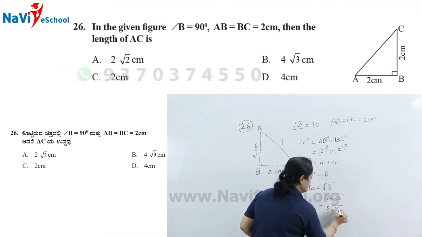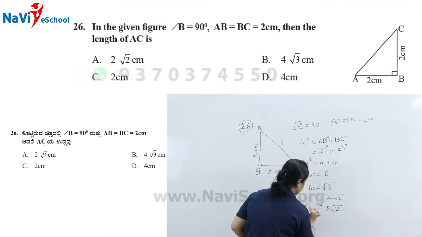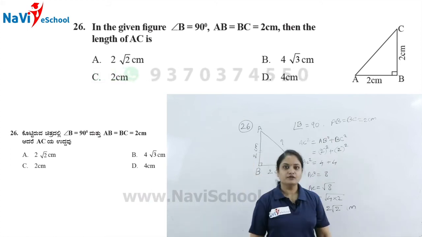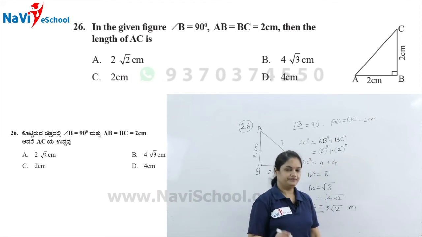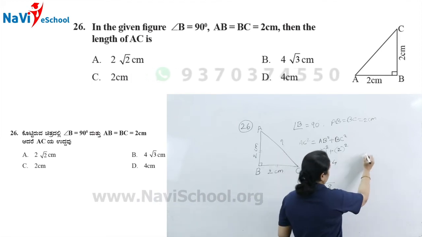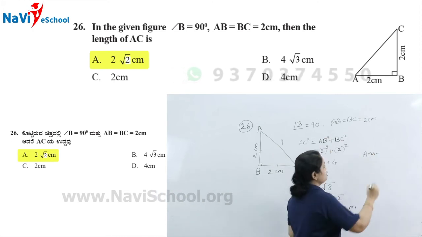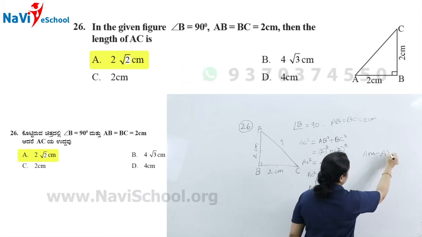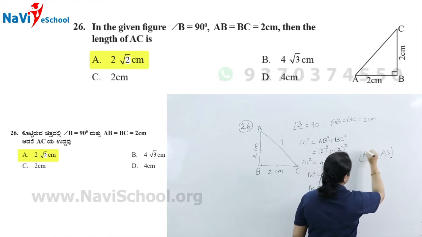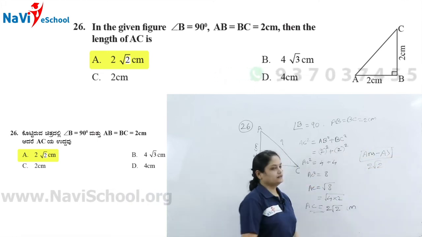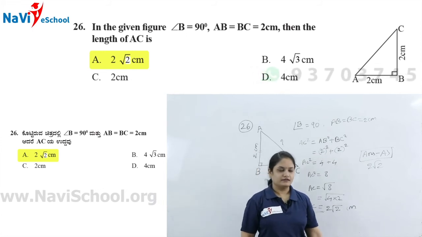That is root 2. That is our AC. So children, which option is correct over here? Option A is our answer because it is having 2 root 2. Is that clear?